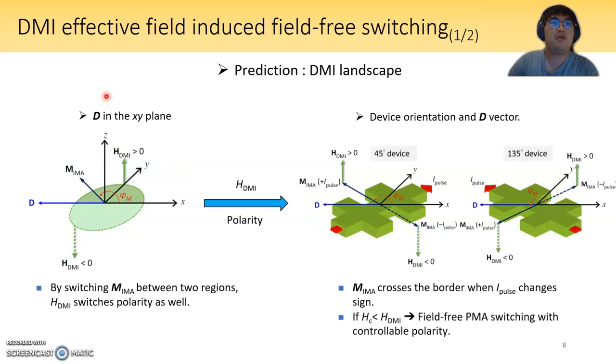The DMI's characteristic D vector, let's say we point it to the -x direction, separates the XY plane into two regions. When the IMA magnetization lies within the first and second quadrant, the DMI field experienced by the PMA layer is positive, and when it is in the third and fourth quadrant, the DMI field is negative.